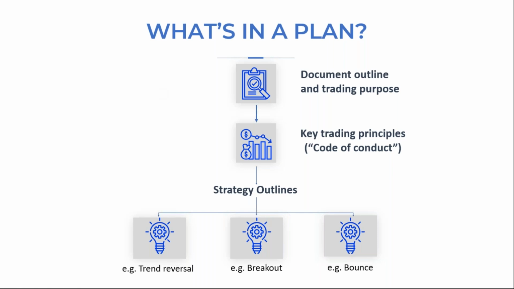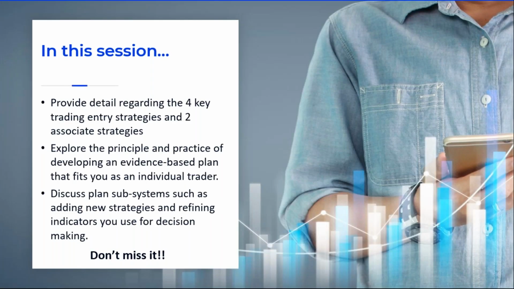Now, we are going to talk about some strategy outlines today in a little more detail as promised, just to give you a little more meat around some of these bones. This is going to be very, very quick, okay? I'm aiming to give you an overview, albeit a rather detailed overview, of how you might look at these particular strategies.